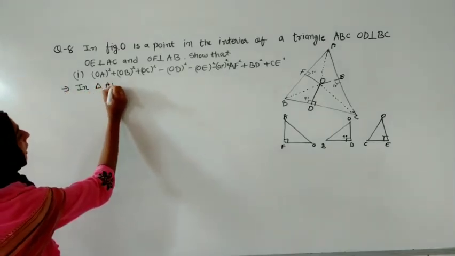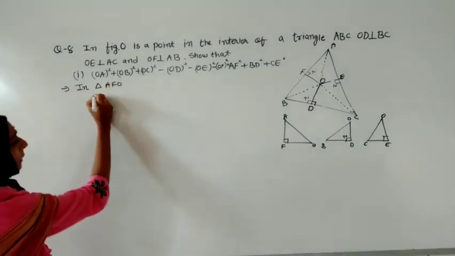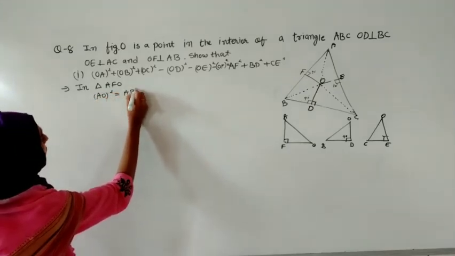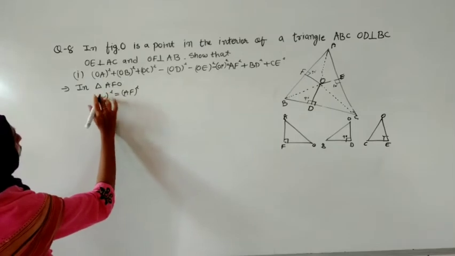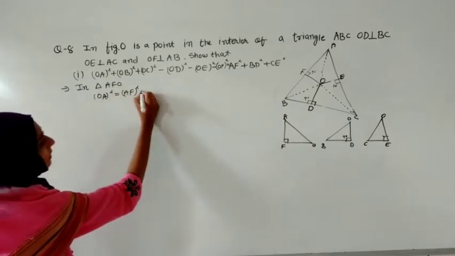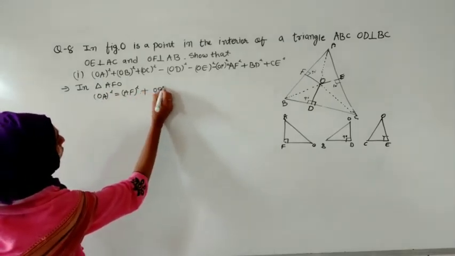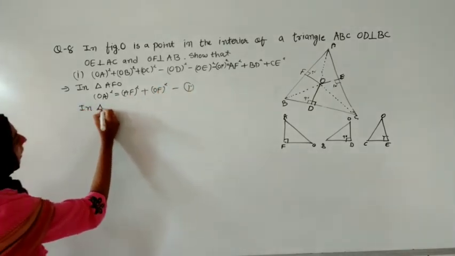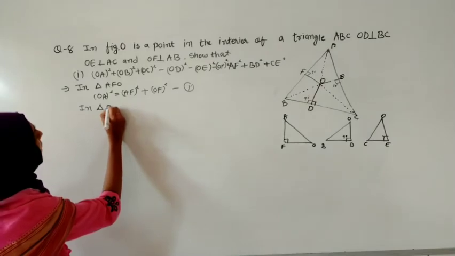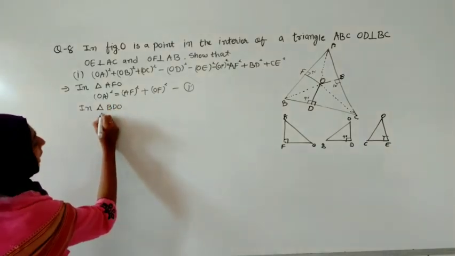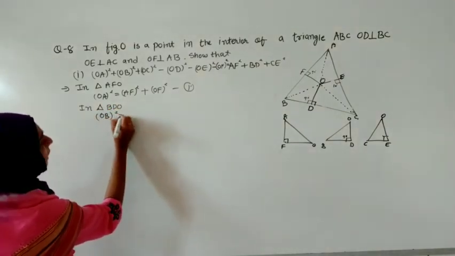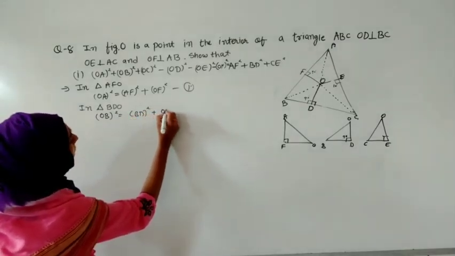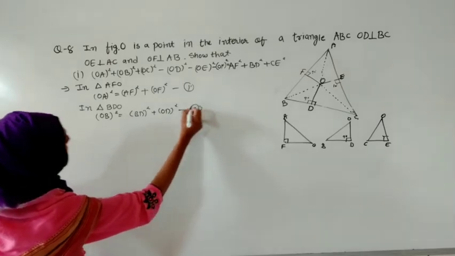In triangle AFO, if we apply Pythagoras law, AO square will be equal to AF square plus OF square. Let us write it as OA square so we can match it easily. That is condition number 1. Let us talk about another triangle, triangle BDO. Writing OB whole square is equal to BD square plus OD square, and we will write it as condition number 2.